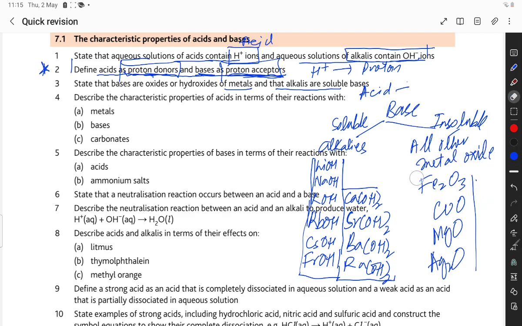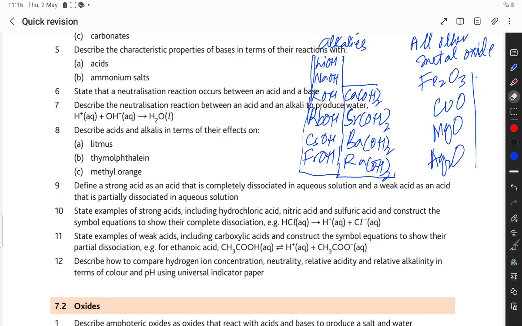All other metal oxides are insoluble. So these are the insoluble bases.